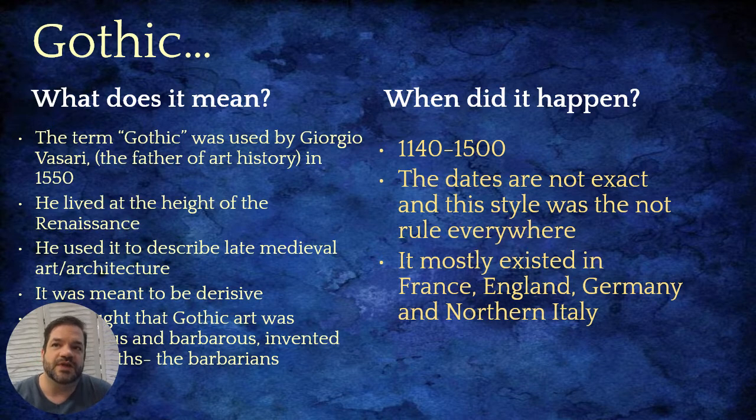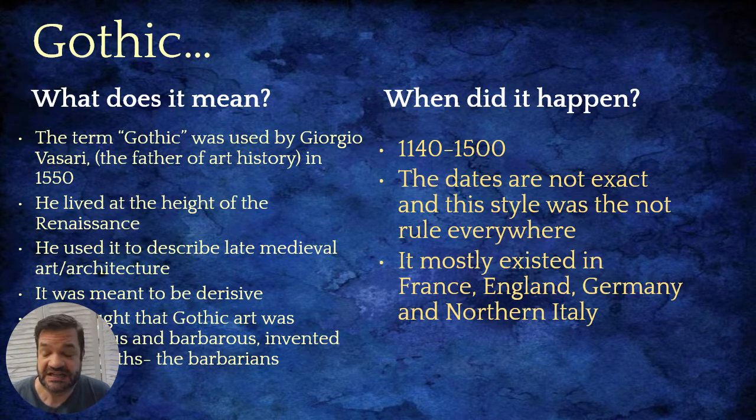Now, in the Renaissance, they're looking back to Greece and Rome, thinking that this is the pinnacle of human achievement, and they're doing their damnedest to reinvent, to revisit the Greeks and the Romans. They're going to look back at what just happened and say, oh, this is not classical. This is not Greek.